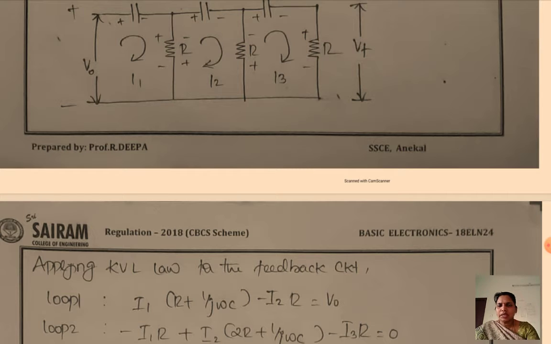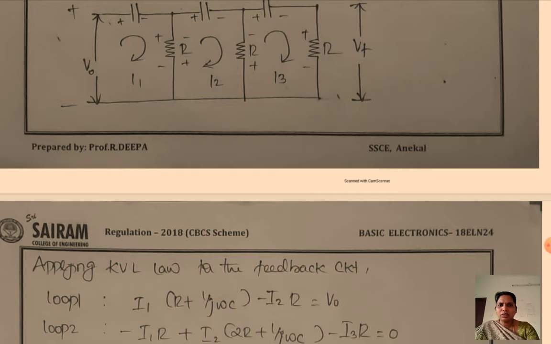So you can write it as minus I1R plus I2 of 2R plus 1 by j omega C, minus I3 into R, equal to 0. That is, the sum of the voltages across these resistances and capacitance is taken as 0, since there is no voltage source inside this loop.